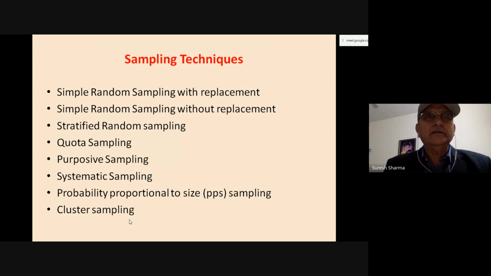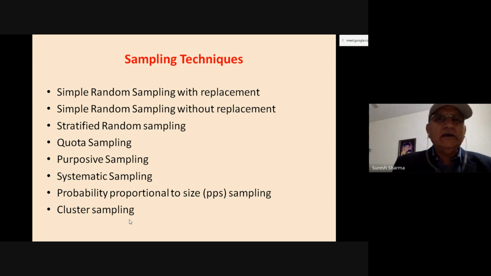So let's say I divide this entire set of 50 districts into small districts, medium sized districts, and large districts. And then I take a few selected districts from small, a few from medium, and a few from large. And then go for the selection of the items. That type of sampling is called cluster sampling.